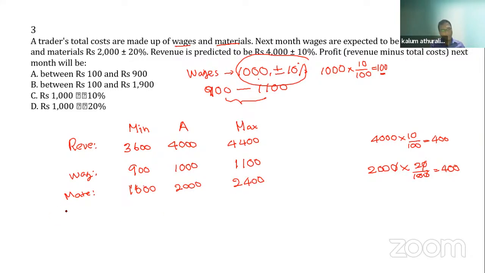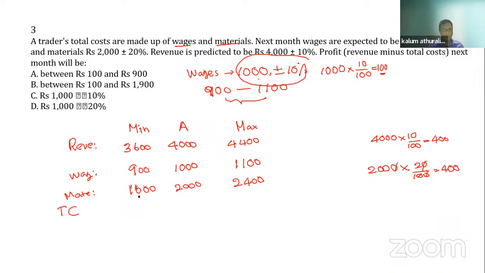Now we can get the total cost, TC. How to get TC? Total cost should be got from these two values, wages and materials. Here it is mentioned total costs are made up of wages and materials.